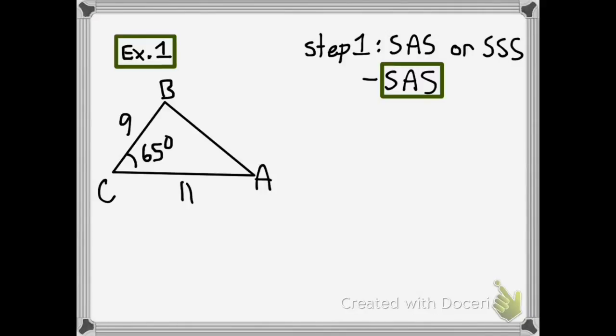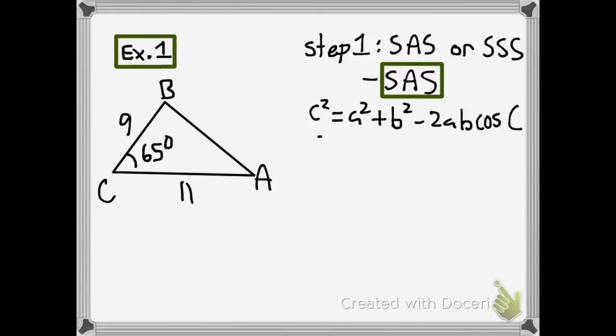We know we have sides B and A, but we do not have side C. So due to that, we want to use c squared equals a squared plus b squared minus 2ab cosine c. Now with this equation, all we want to do is plug in.